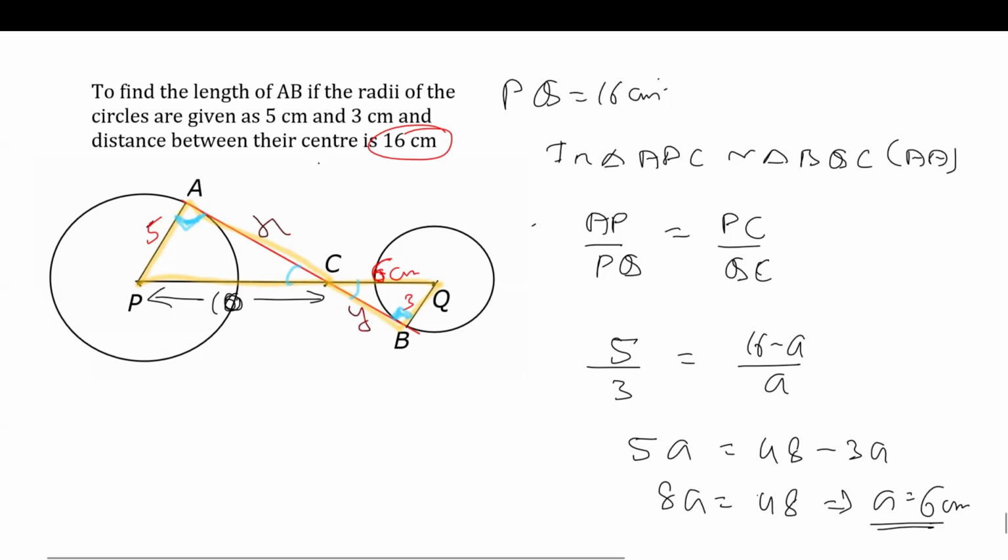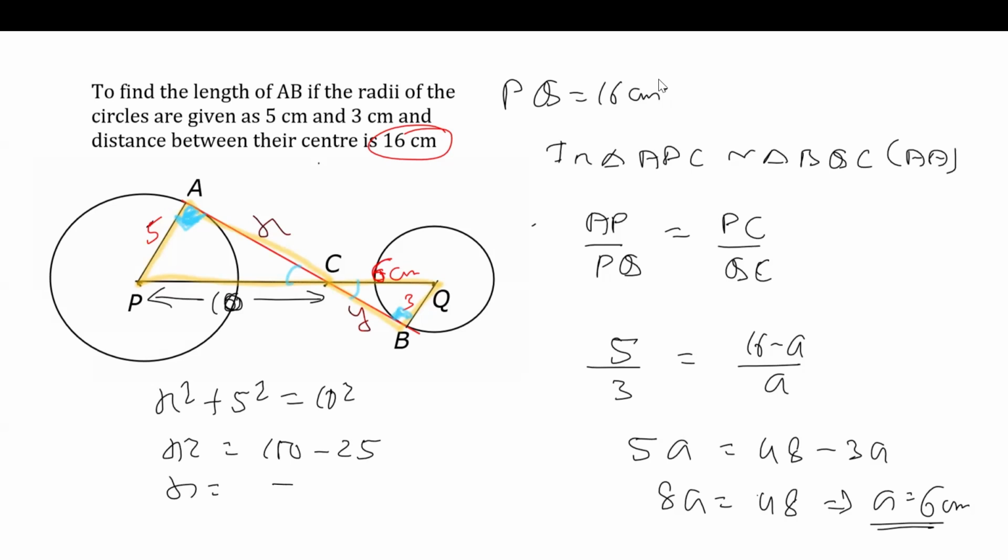And as I said, the radius is perpendicular to the tangent at the point of contact. We can use the Pythagoras relation to obtain the length of X first. So from here, X square plus 5 square is equal to 10 square. Yeah, the square of the hypotenuse is equal to the sum of the squares of the other two sides. So X square is 100 minus 25, so X comes out to be root 75, which can be reduced and written as 5 root 3 centimeter.